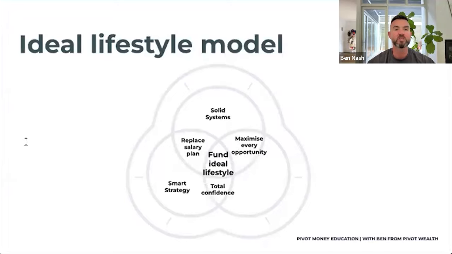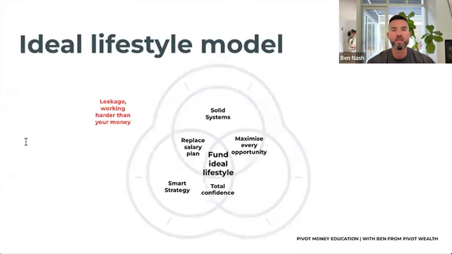And the second is having solid systems around how you're planning with your money, how you're managing your money, automating your savings, your investing, your debt reduction, whatever those things are. And when you combine together the solid systems and the smart strategy, that's what gives you your replace your salary plan.